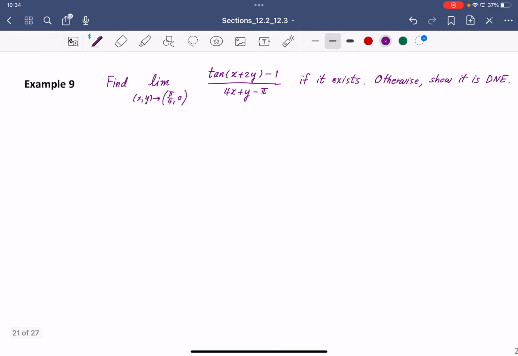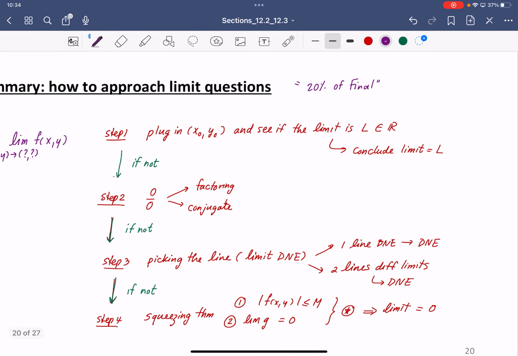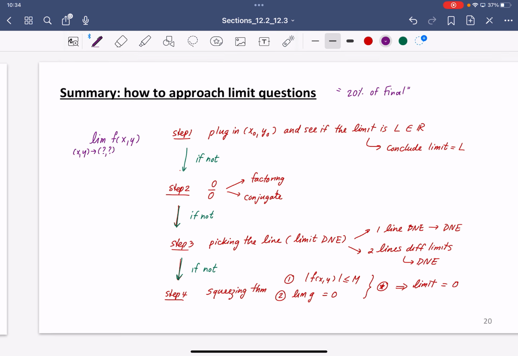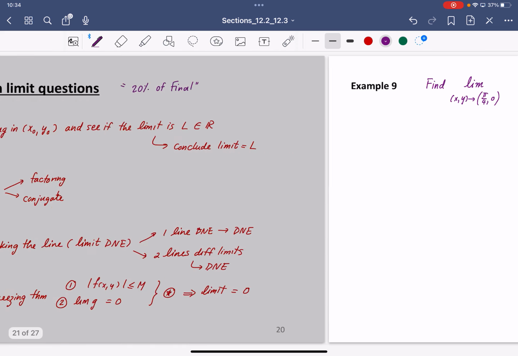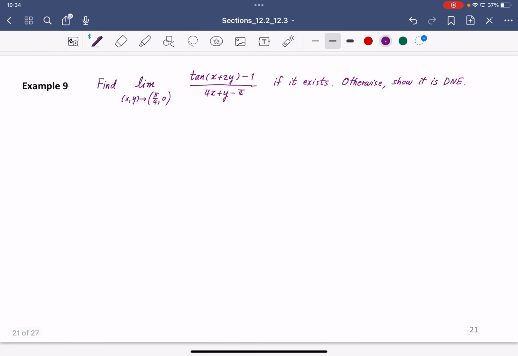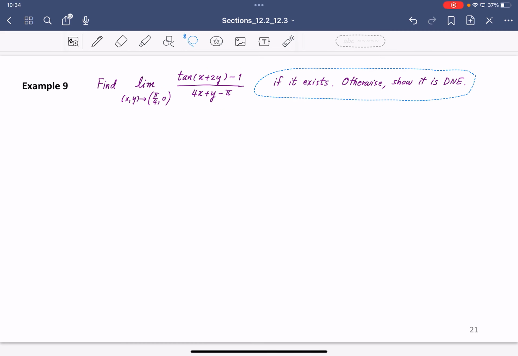This one I just picked from calculus exercises for Thai students. This is actually the exam for Thai students from last year. So let's see if you can do it. This is the hard question from last year.